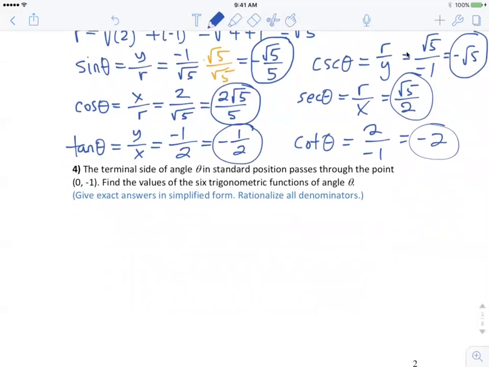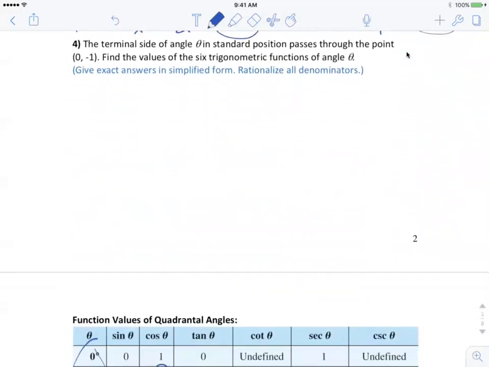Okay. One more. This one is what's called a quadrantal angle because it goes to the point (0, -1), kind of on the y-axis, right? Below the x-axis on the y-axis, but doesn't matter where it is.